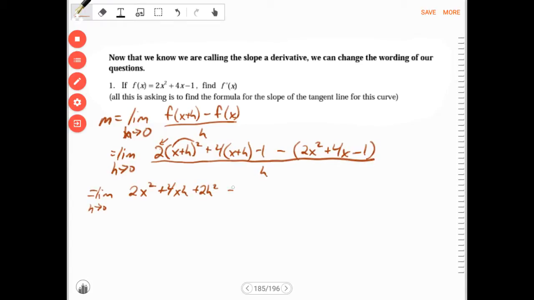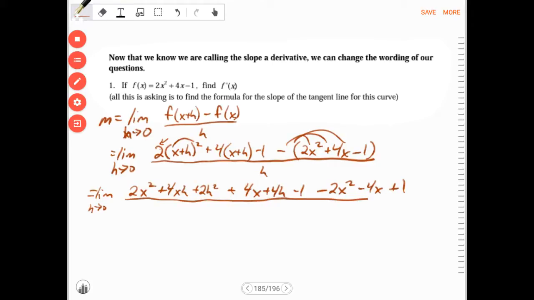Guys, if you need to expand that out with more steps, go ahead, but if you don't, then don't. Then this guy is 4x plus 4h minus 1. That negative distributes here, so then negative 2x squared minus 4x plus 1. And all divided by h.